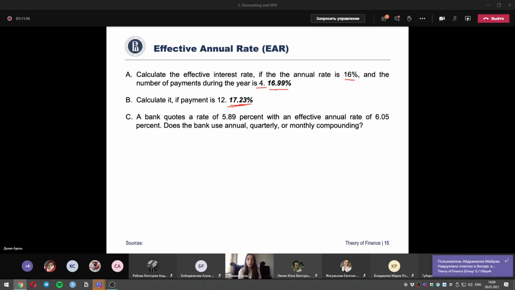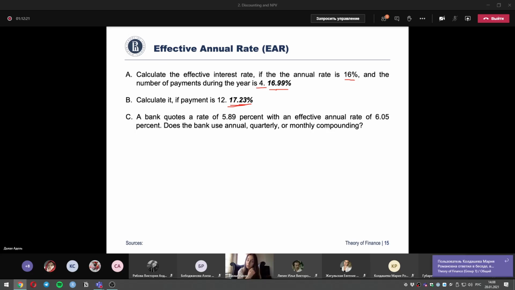Is anyone ready with point C then? What type of compounding does the bank use? No? No one?